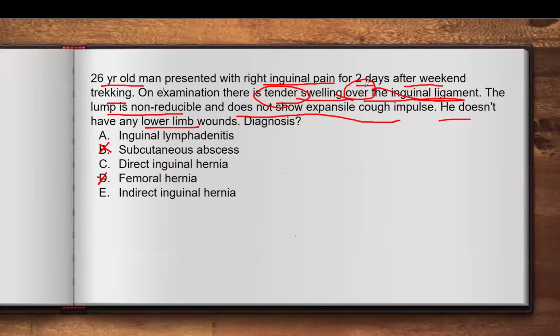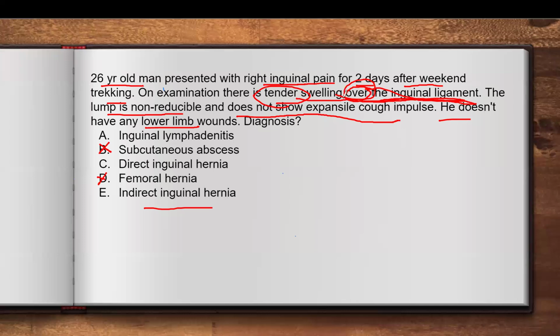You know that an indirect hernia can proceed into the scrotum. A direct inguinal hernia is above and medial to the pubic tubercle, and a femoral hernia is below and lateral to the pubic tubercle. So it is not something which is present over the inguinal ligament. This is the location of inguinal lymph nodes.